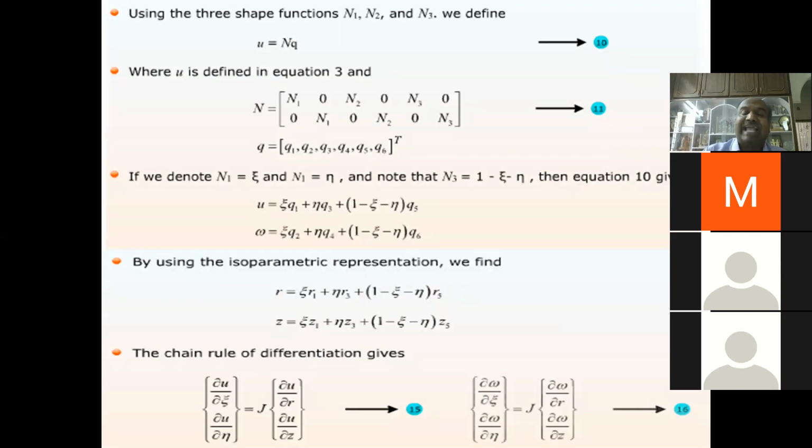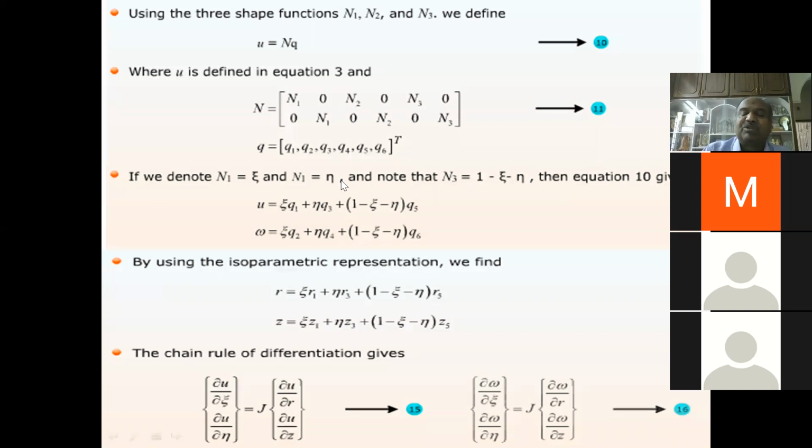So u bar is Nq, when you multiply: N1 q1 plus N2 q3 plus N3 q5. Similarly, w equal to N1 q2, N2 q4, N3 q6. Now, if you want to simplify to only 2 variables, replace N1 by xi, N2 is eta, and N3 is 1 minus xi minus eta, because N3 is 1 minus N1 minus N2.